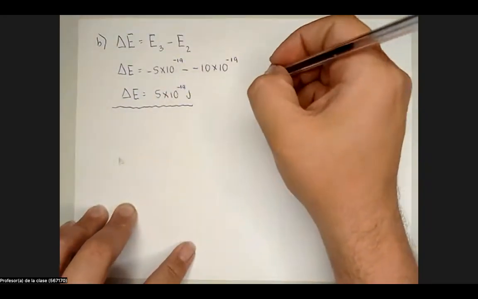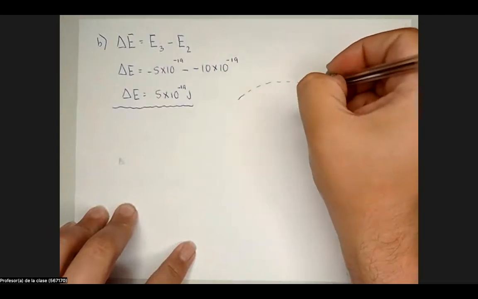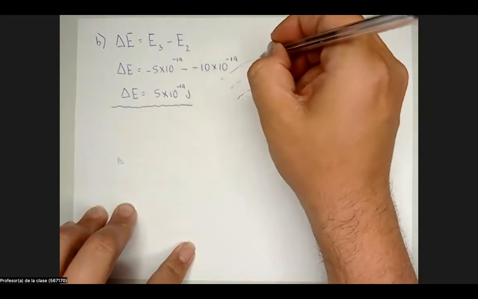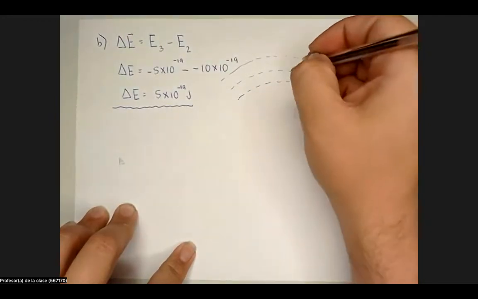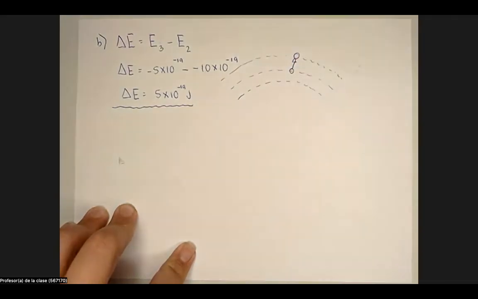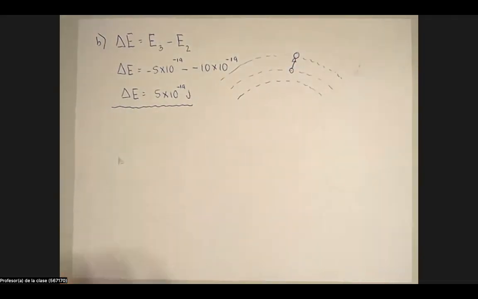And remember, if we are passing an electron from level number 2 to level number 3, it's thanks to a photon, right?